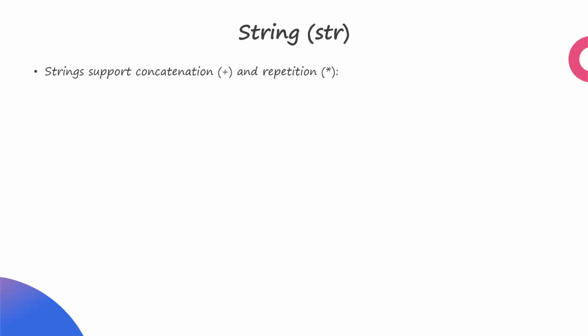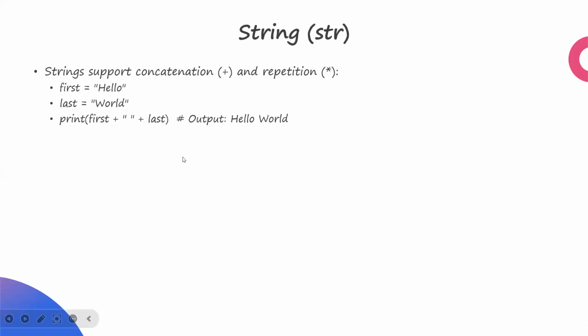So string supports concatenation. There's something we call concatenation and repetition. I'm not going to go into details about this. When we talk about string, we'll talk about string concatenation. But what it means is this. Look at it, we have first and last. First has hello and last has world. If I say first plus last, I'm going to get hello world.